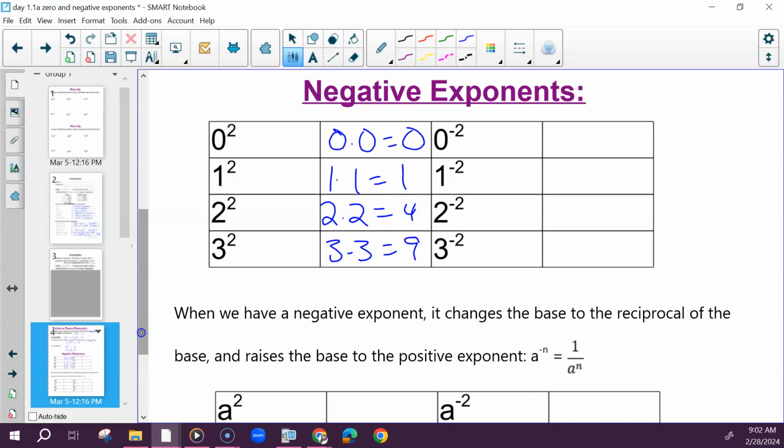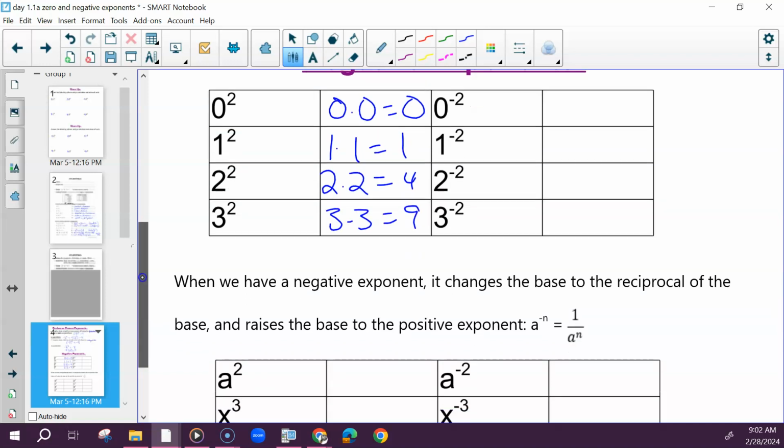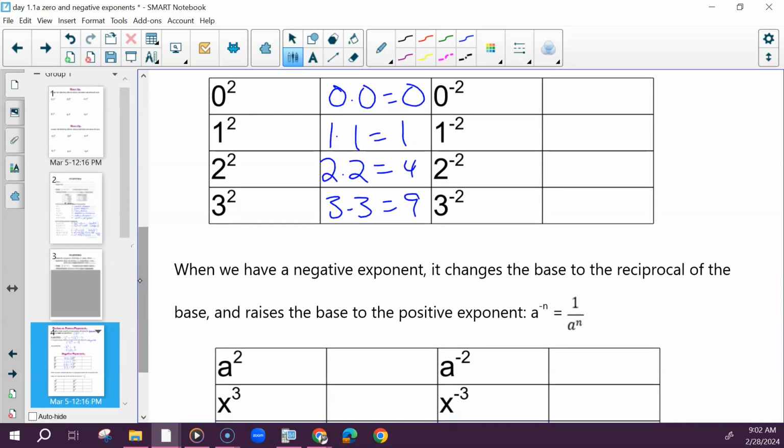So we know those. With a negative exponent, I'm going to read this first. When you have a negative exponent, you're going to take the base to the reciprocal, so you're going to flip it. And then magic math happens. The rule states that when you flip it, the exponent goes with it and becomes positive.